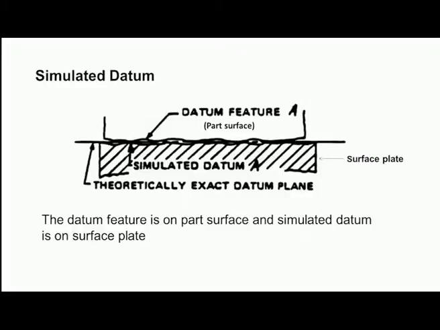On the top surface of the surface plate, again there are micro irregularities, and we take this top surface as a simulated datum surface. On the part surface we have variations like this. So the datum feature is on the part surface, and the simulated datum is on the surface plate.